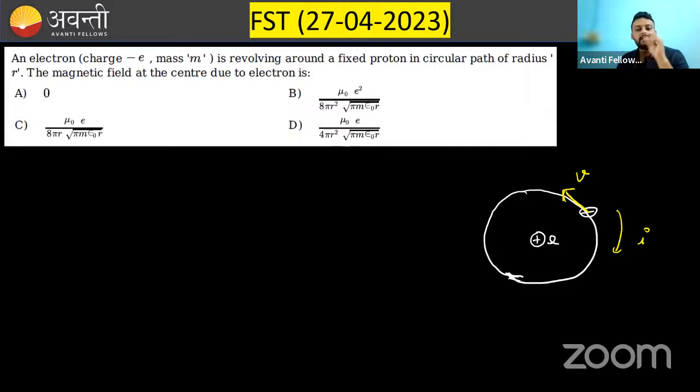That means current is being created by the motion of the electron. And if current is created, it will form a current carrying circular loop.